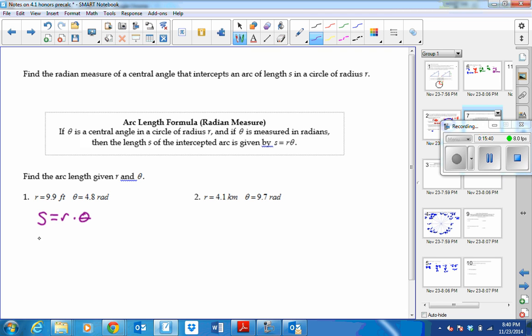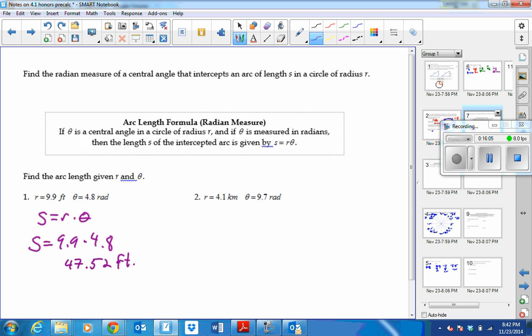And in this problem, we have that the radius is 9.9 and theta is measured in radians. So we're going to take 9.9 times 4.8, and we get that it is 47.52, and that's in feet.